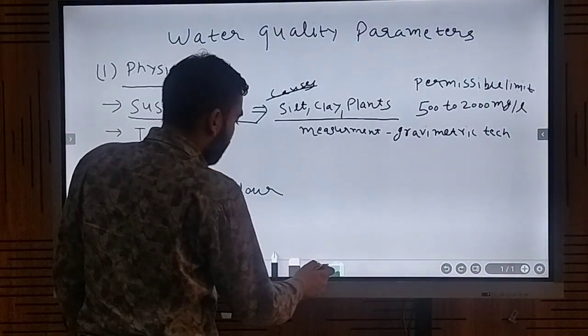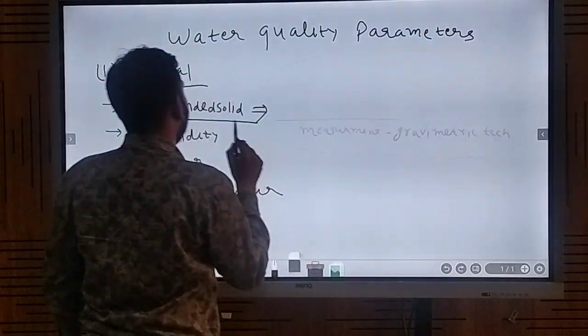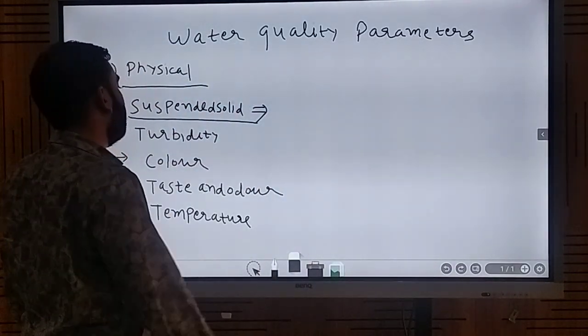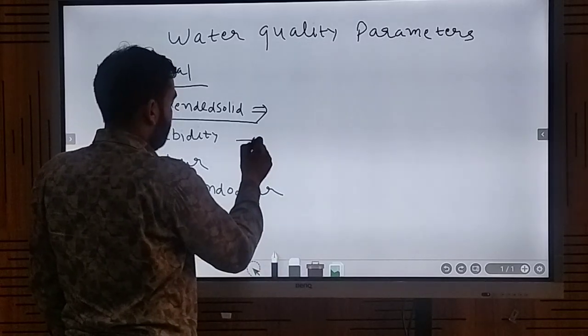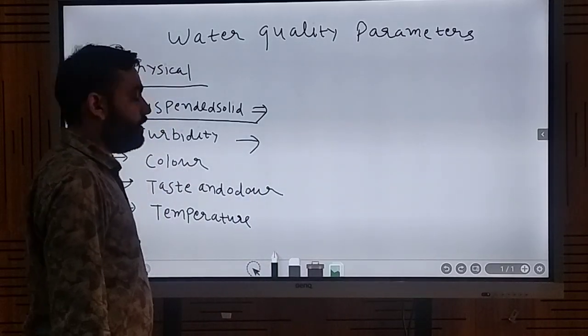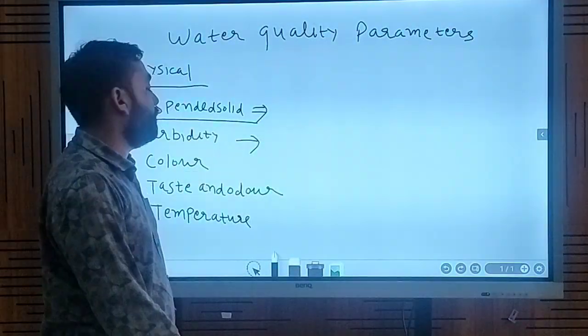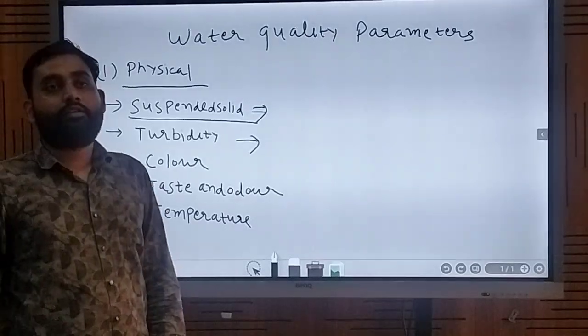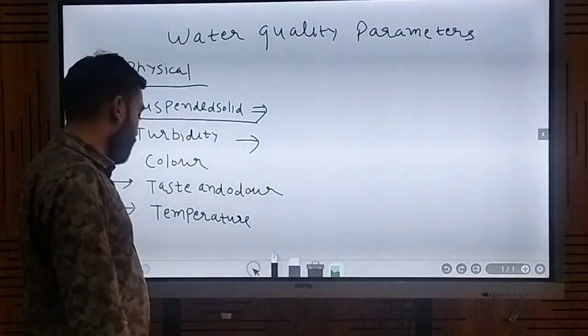After that, the second water quality parameter is turbidity. Turbidity is from dispersed water particles which affect reflection of light.